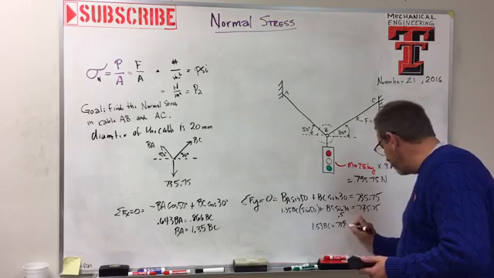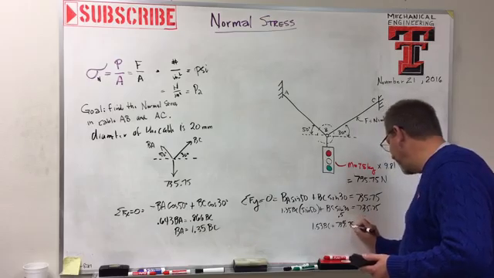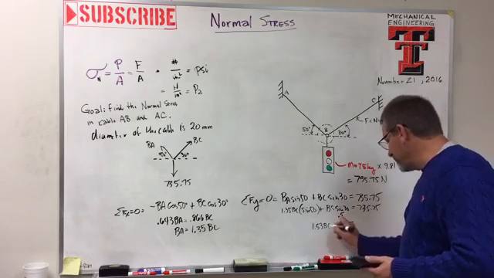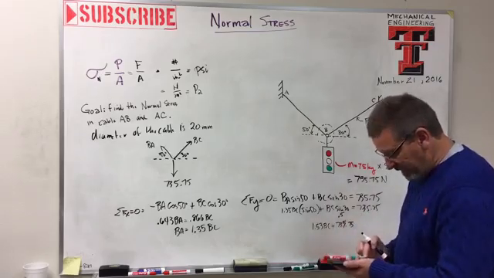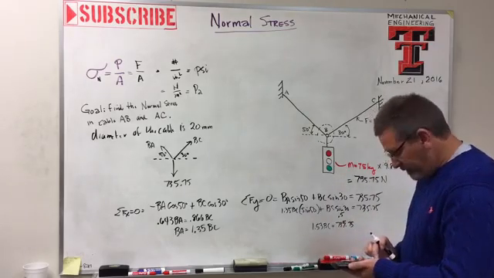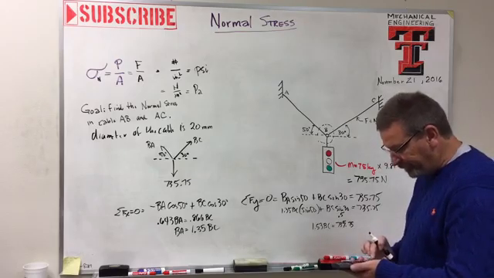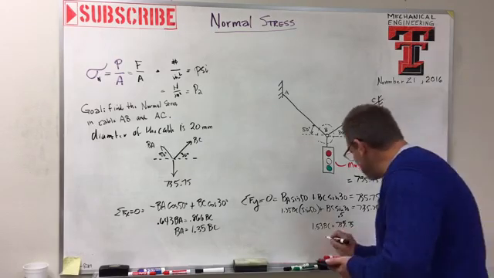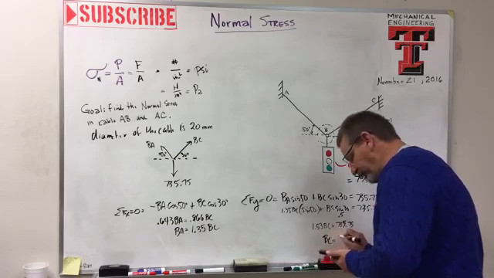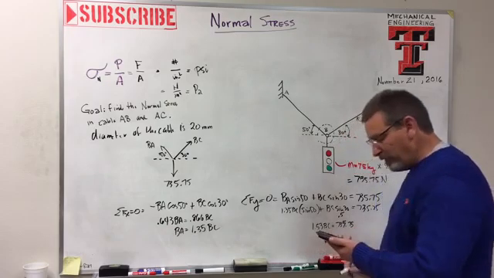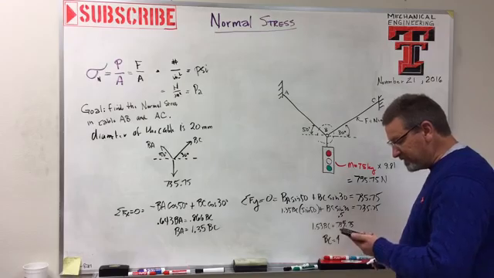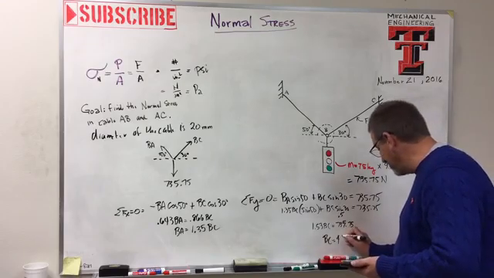735.75. And then I divide that into there. So 735.75 divided by the answer, BC equals 479.6. So let's just call it 480.